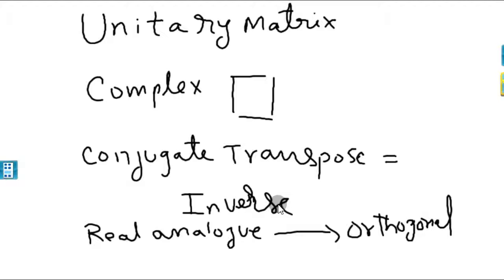A unitary matrix is a complex square matrix whose conjugate transpose is equal to its inverse. The real analog of a unitary matrix is an orthogonal matrix with real numbers.